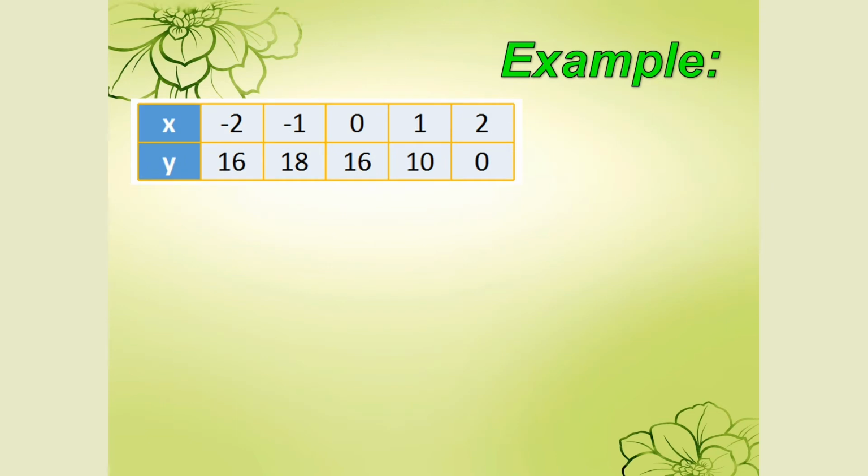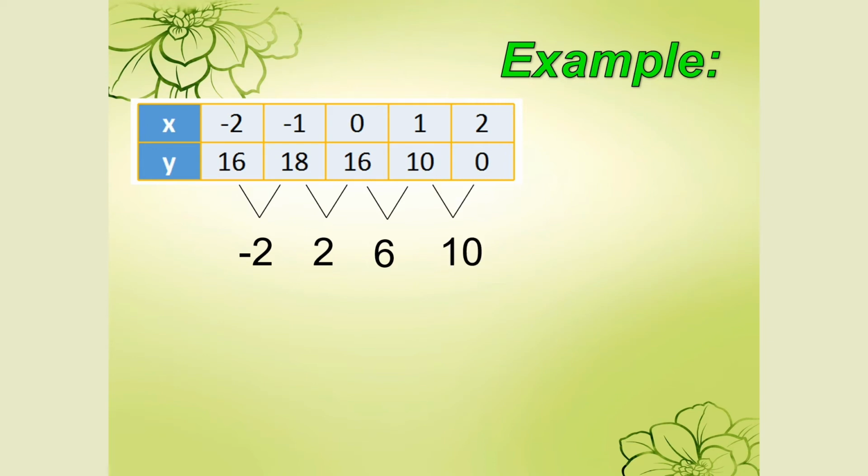Okay, for the first table of values, let us get the differences in y. This simply means we subtract the values. So, 16 minus 18 is negative 2. And then 18 minus 16 is positive 2. 16 minus 10 is 6. And 10 minus 0 is 10.